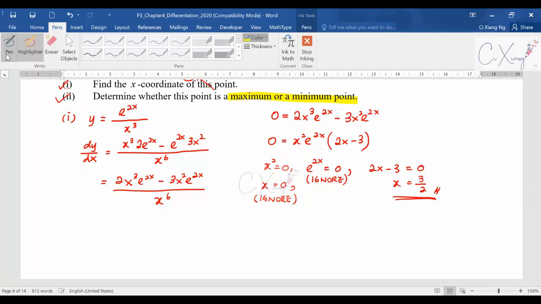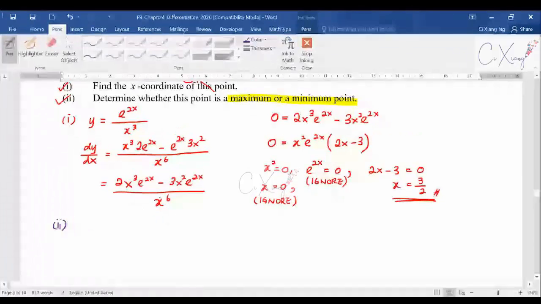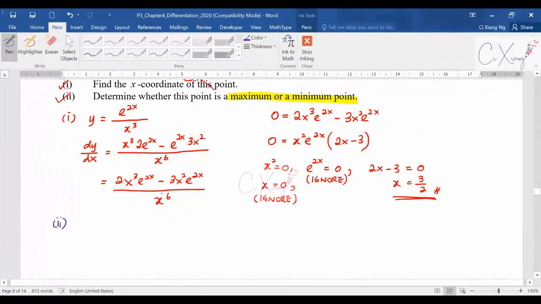The old method that you learned before is d2y dx2. Now you can see that if you want to find d2y dx2 for this equation, it will become very complicated. For me, I don't wish to try. If you want, you can try.